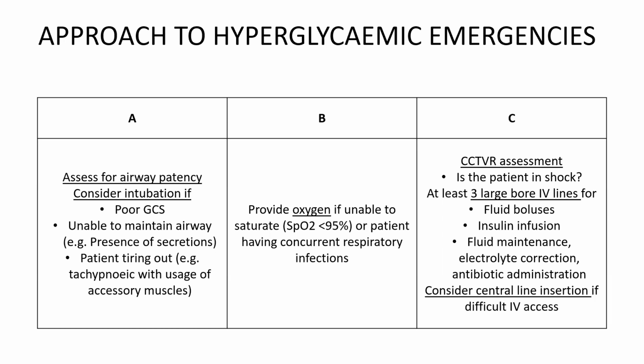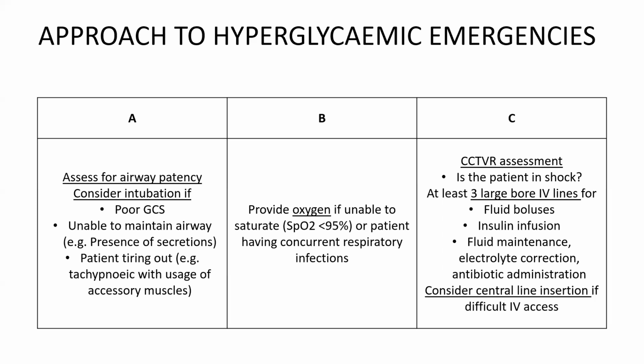For physical examination, we start by reviewing the GCS and also the hydration status of the patient, and also to see whether the patient has any smell on the breath, and also to note what is the precipitating factor of the DKA.